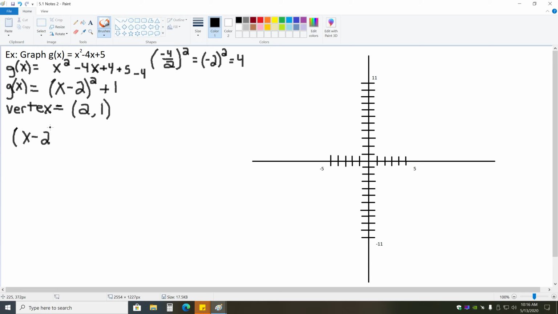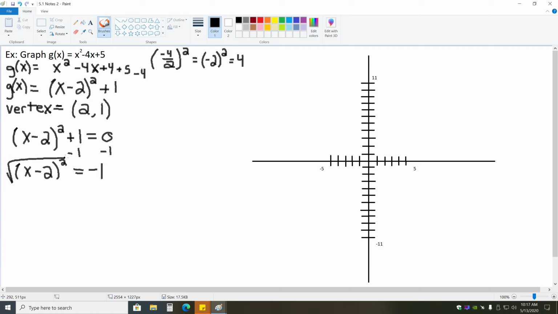So we get x minus 2 quantity squared plus 1 equals 0. And now we'll start solving for x. When we do, we'll subtract 1 from each side to get the quantity of x minus 2 squared equals negative 1.